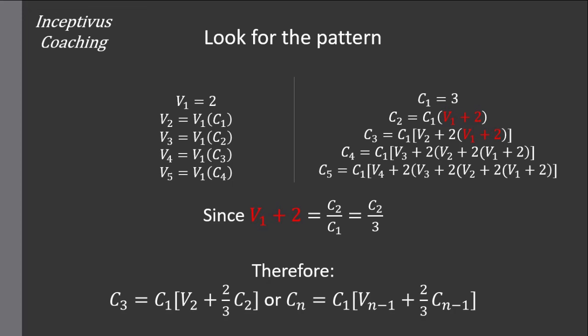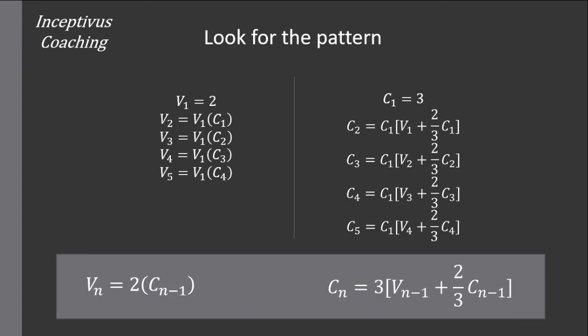So whenever I see V1 plus 2 in C3's definition, I can replace that with C2. And if I rearrange it, I have Cn is equal to C1 times Vn minus 1 plus 2 over 3 C of n minus 1. So this is a recursive definition that depends on the previous C term.